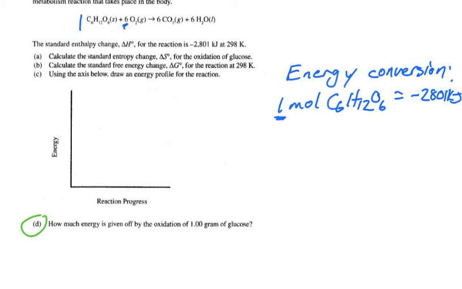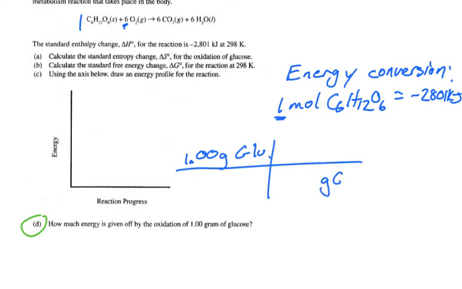So now that we have our energy conversion factor, it really is just a unit conversion problem. So we have 1 gram of glucose, which I'm going to abbreviate as GLU, and we're going to convert that from grams to moles. And so we're going to need to know the molar mass of glucose. And if I add it up really quick in my head, it comes out to be 180. Alright, I cheated.